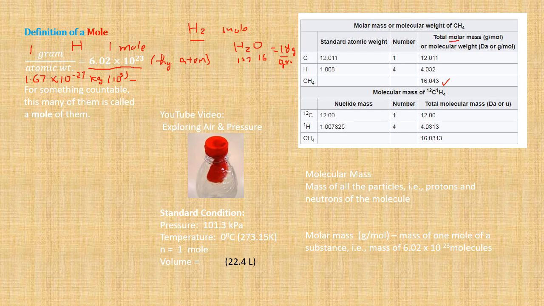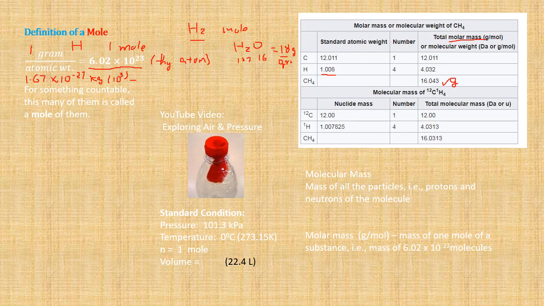So the molar mass of methane is 16.043 grams. A gram is a sizable unit, but atomic units are very small. This one is measured in atomic units, so you need a molar number to simply convert this number to a mass number.